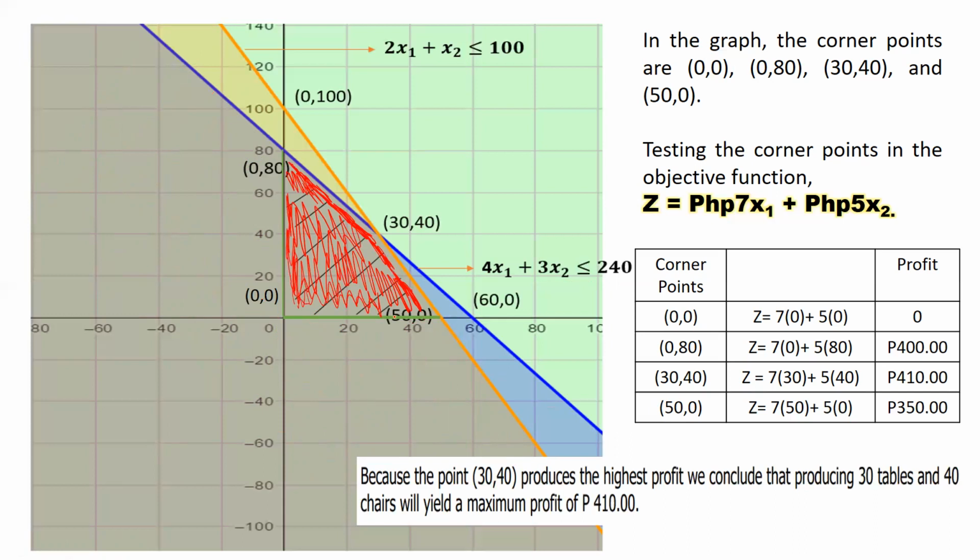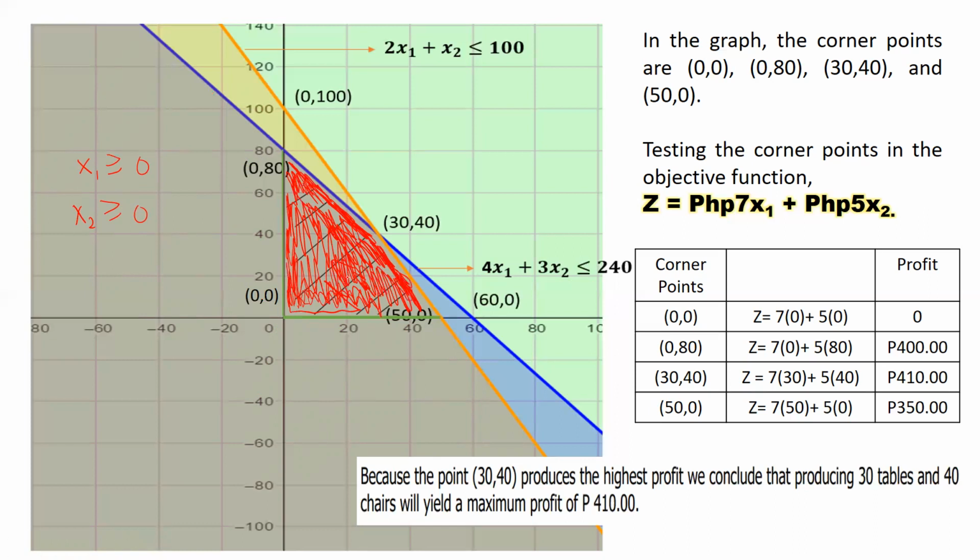So take note, we have this green portion because of the non-negativity constraints, which are x sub 1 greater than or equal to 0, as well as x sub 2 greater than or equal to 0. This is now what we call the feasible region, or the common solution to both of the two lines.